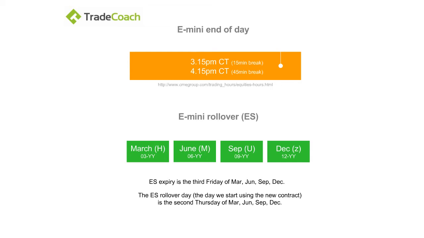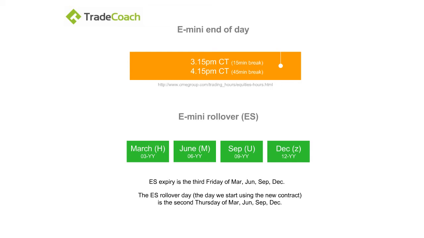However, if you do have an open position at 3:15 p.m., your intraday position will be classed as a daily position, and the margin required to hold the position will rise from intraday levels to daily levels. It's a good idea to be aware of this and make sure your account can support the difference. And if you've done your calculations and you're only risking 1% per trade, then this shouldn't be a problem.